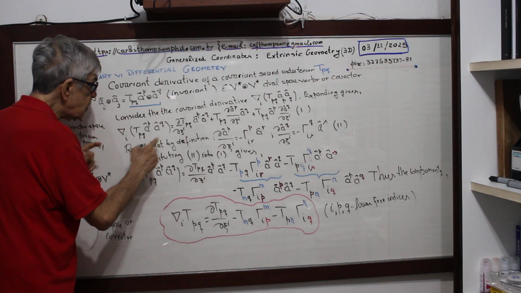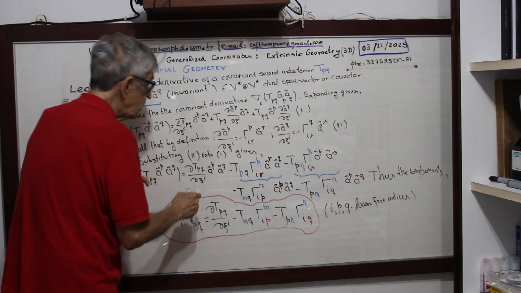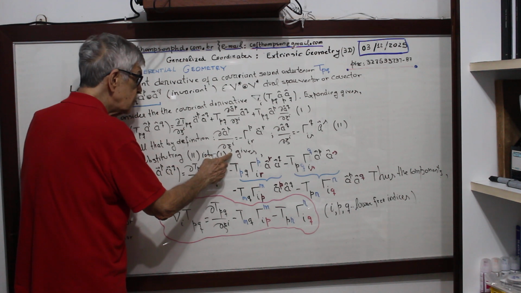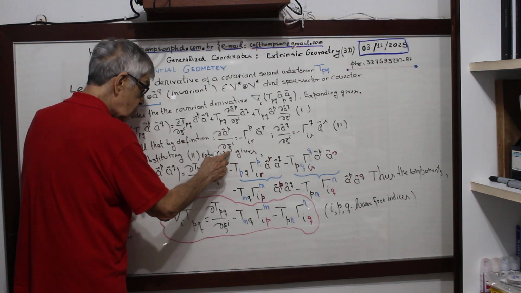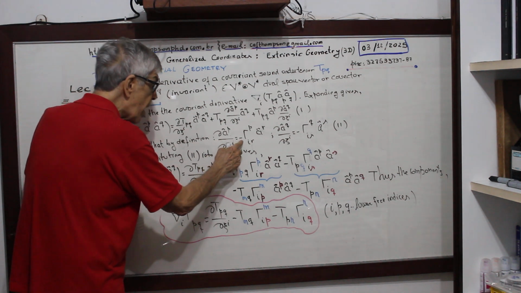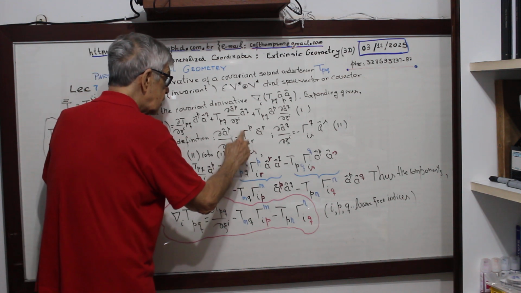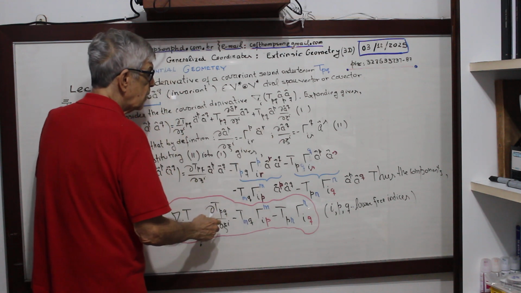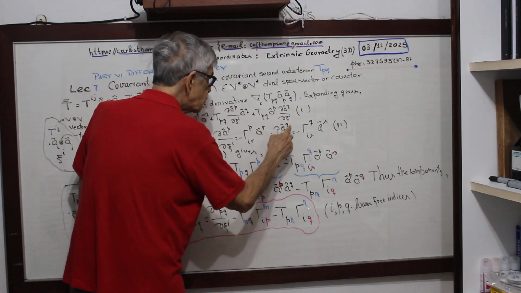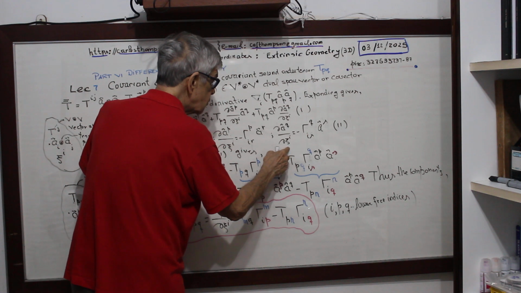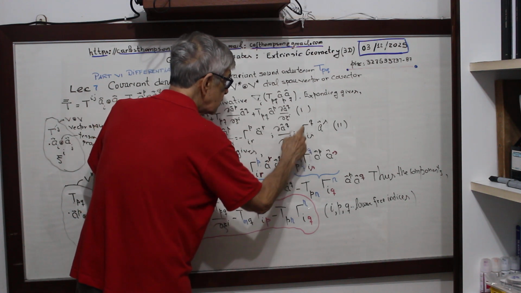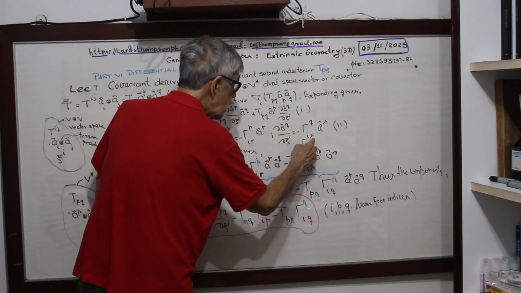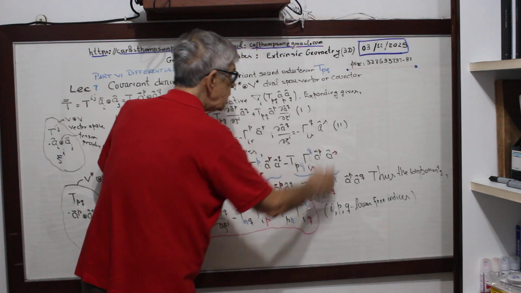Now recall that by definition, okay, the partial derivative, this is a covariant derivative, is minus capital gamma IR P AR. Likewise, partial of AQ with respect to I is capital gamma IS Q AS.